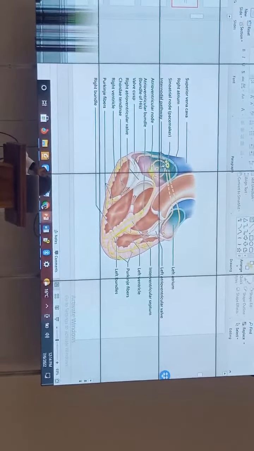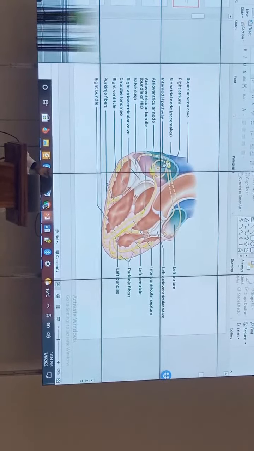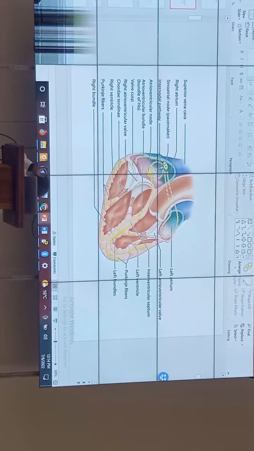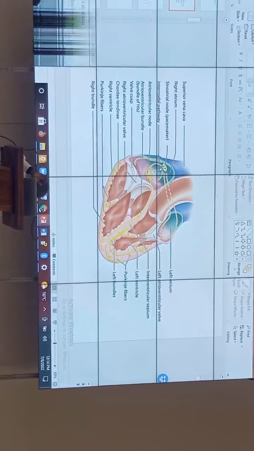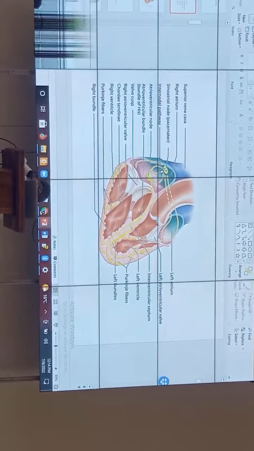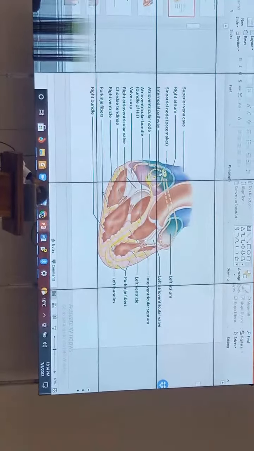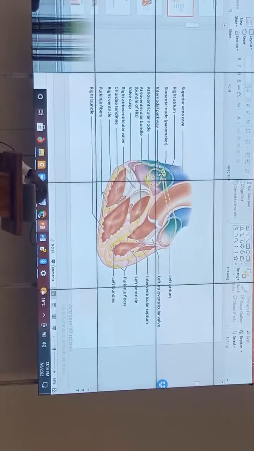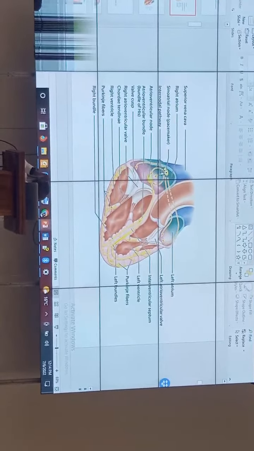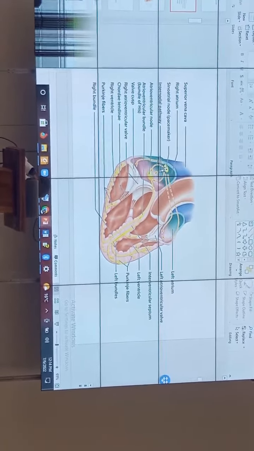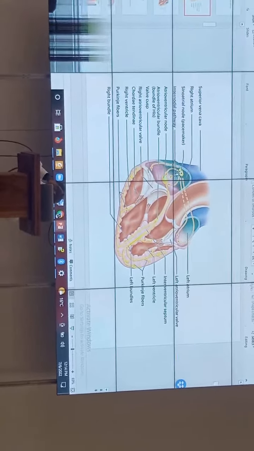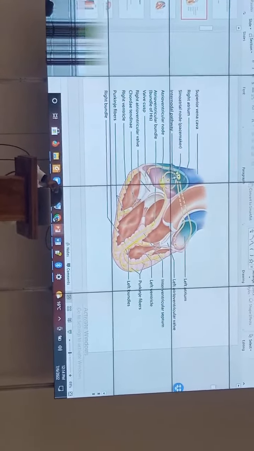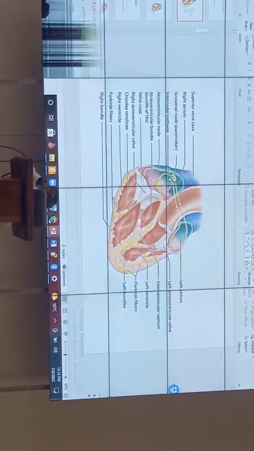However, the conducting system is still regulated by the brain or the nervous system in terms of its generation of impulses. It's still regulated. Regulation in this case does not mean that it is the nervous system that generates impulses for the heart.